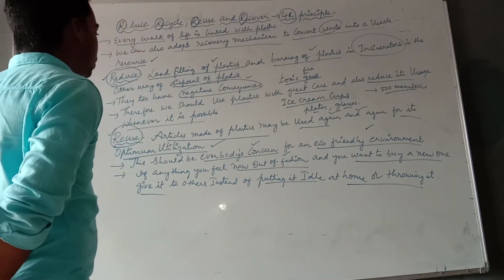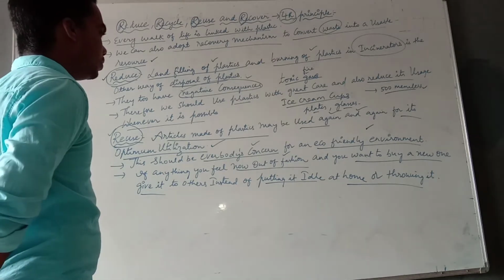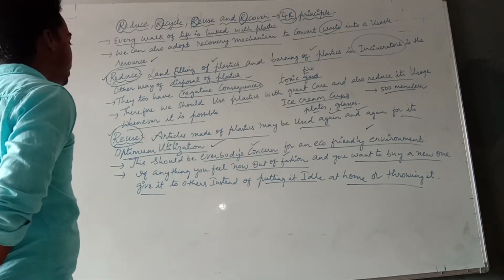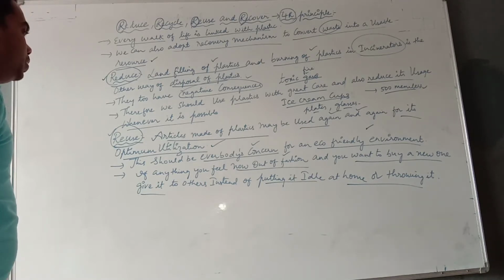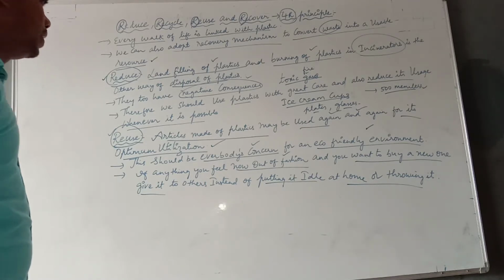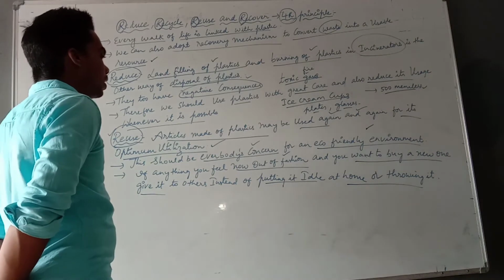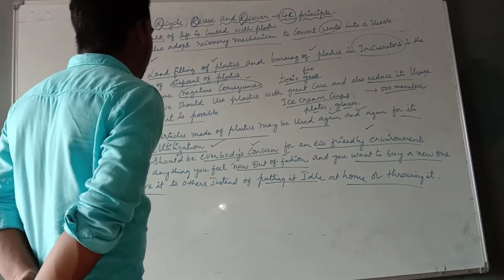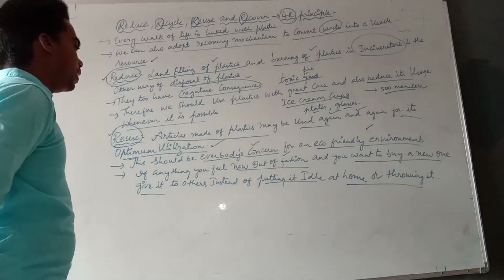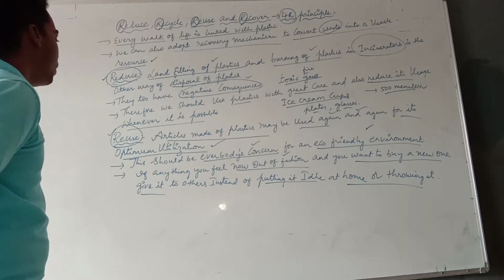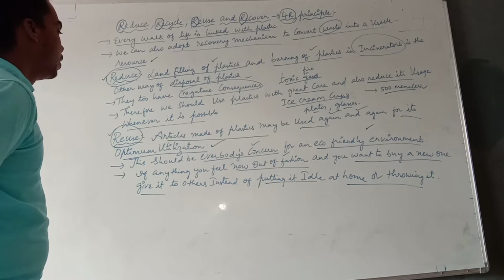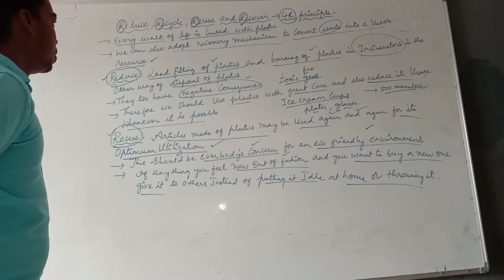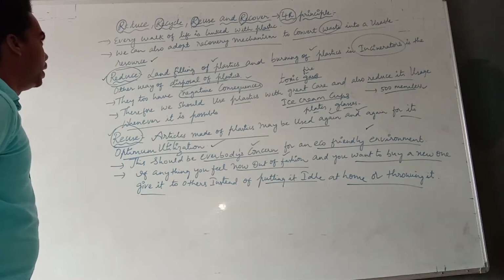Many things can be reused. A small example: if you have used a pen and its refill is over, you can simply replace the refill instead of using a new pen. This is also the concept of reuse, multiple usages of plastics. So this is about reduce and reuse.